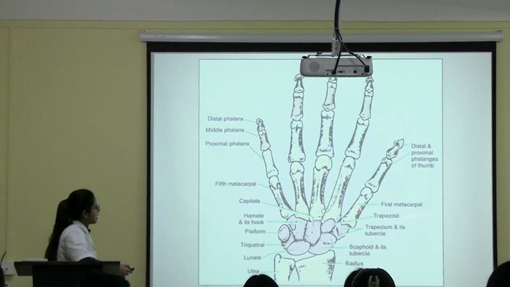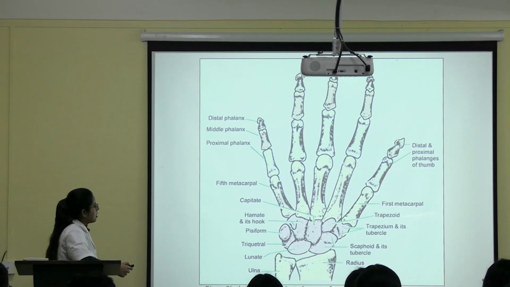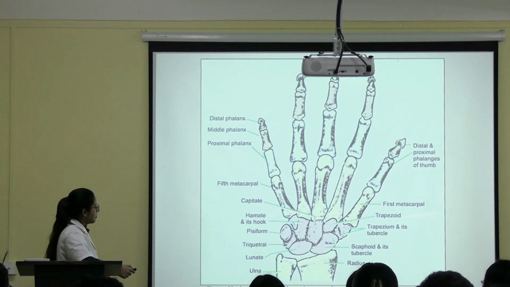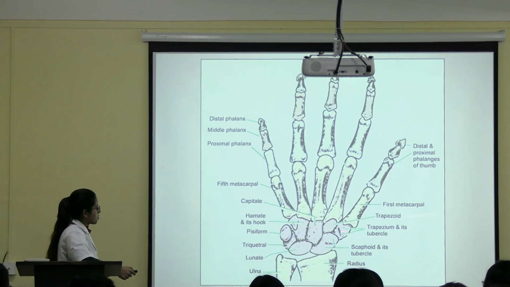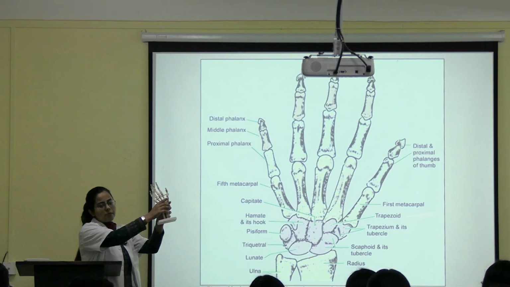See, these are the metacarpals, first, second, third, fourth, fifth. It has a head, it has a base. Head articulates with what bone? Phalanx, proximal phalanx. And base articulates with the carpal bones. Clear? Now, first metacarpal.